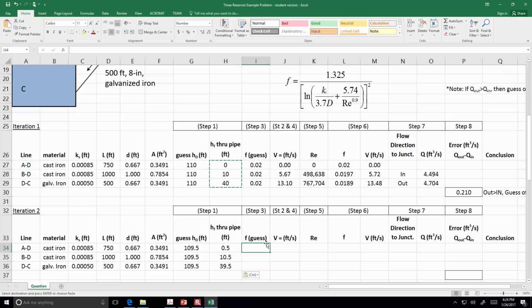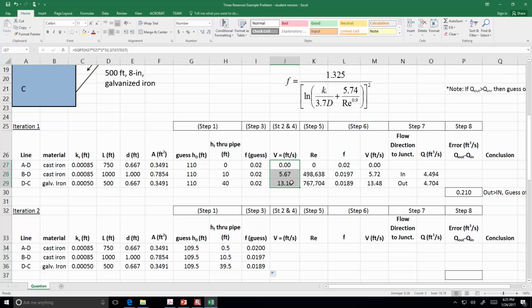Now our guess, we can do better than just randomly assuming 0.02 this time around for all of them. I'm going to use my old guesses, so I'm just going to say equals and click here on the previous iteration so that it picks up these updated F values. At least two of the three are updated. Pipe AD didn't have any flow yet, so that's just still our initial guess.